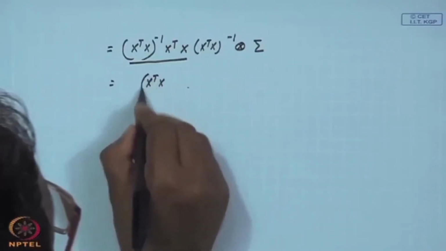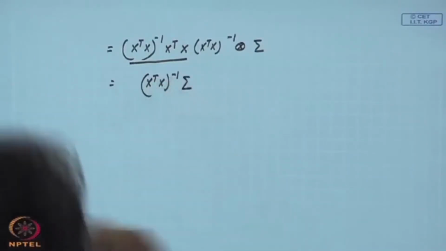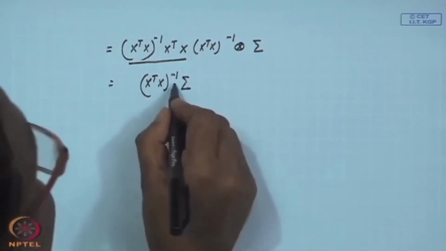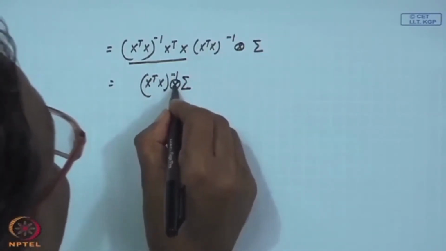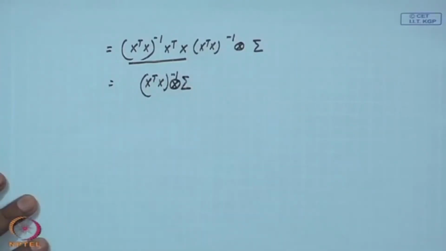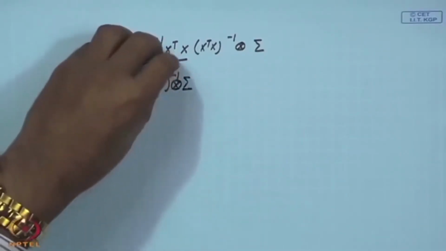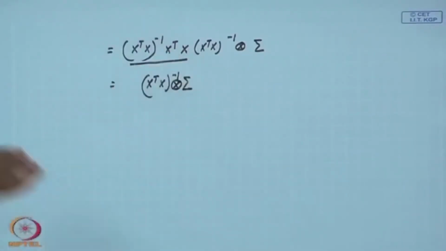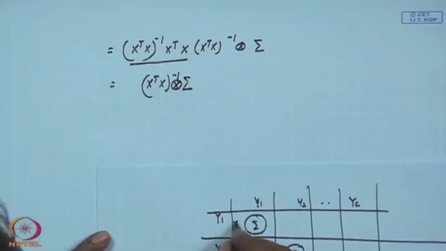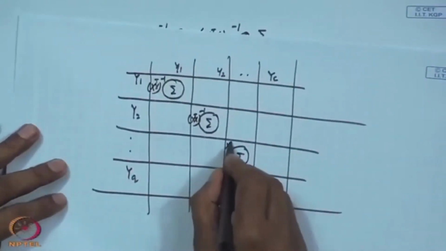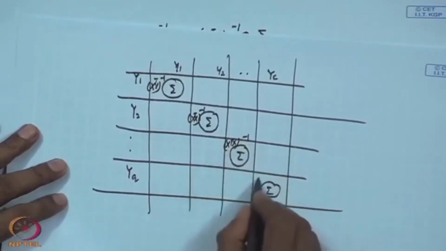So x transpose x inverse remains, but there will be this Kronecker product. Why this? For every y, x transpose x will be multiplied to every y. Here it will be x transpose x inverse, here also x transpose x inverse, everywhere it will be multiplied.